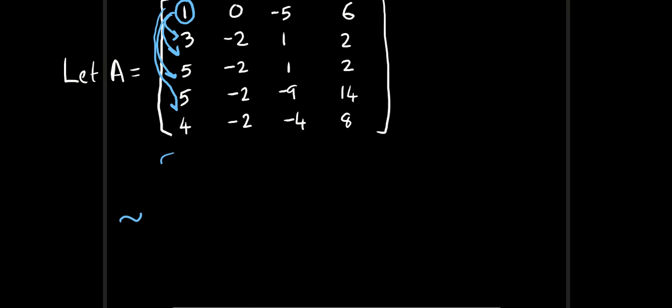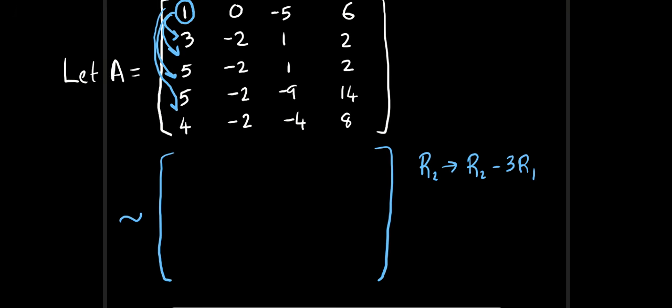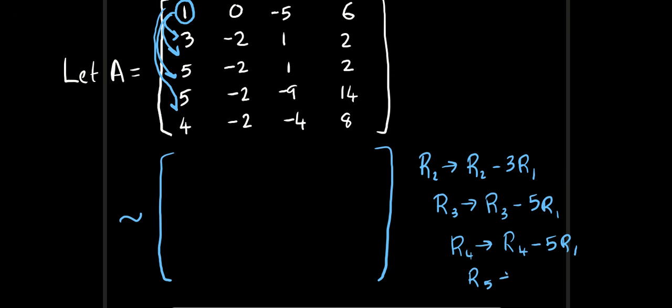So let's write the operation. R2 changes to R2 minus 3R1, and then R3 changes to R3 minus 5R1, R4 changes to R4 minus 5R1, and finally R5 changes to R5 minus 4R1.